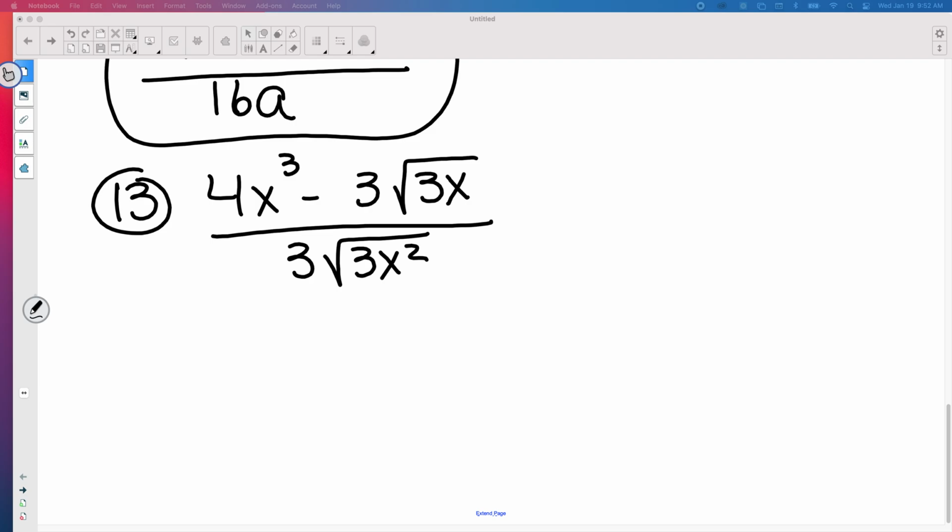Did you guys get an answer? What is it? I don't want to say it, so I'm scared. I got 4x to the third radical 3 minus 9 radical x over 9x. That's right, good. Okay.